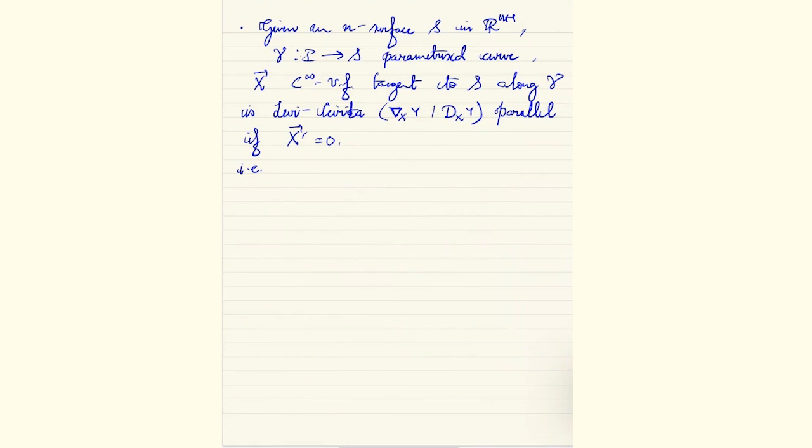All that it means is that there is no change in the vector field along the surface, or as viewed from the surface. So that is what it tells us.